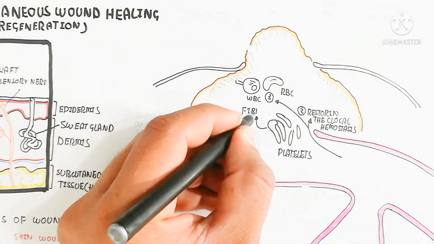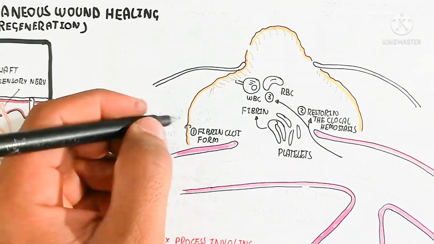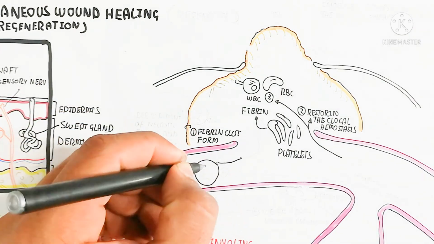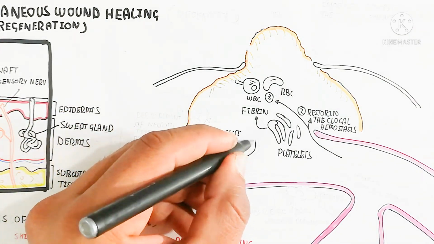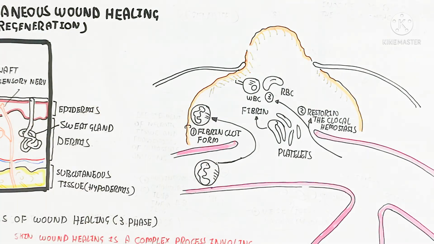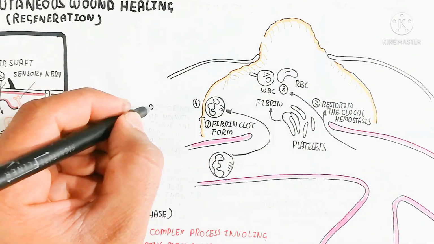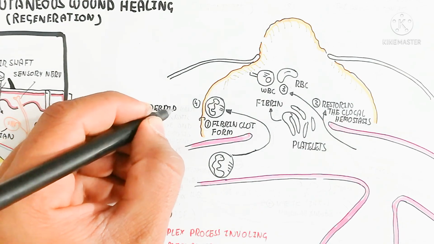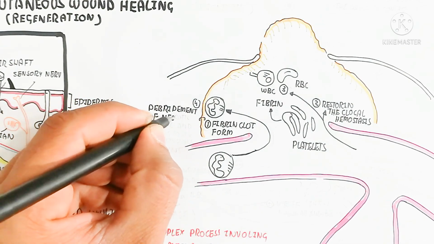And after this, the platelets trigger and produce the fibrin. This fibrin will create the strong clot of the scar tissue, the scar formation, and in this way the fibroblast activity increases, so they produce collagen.